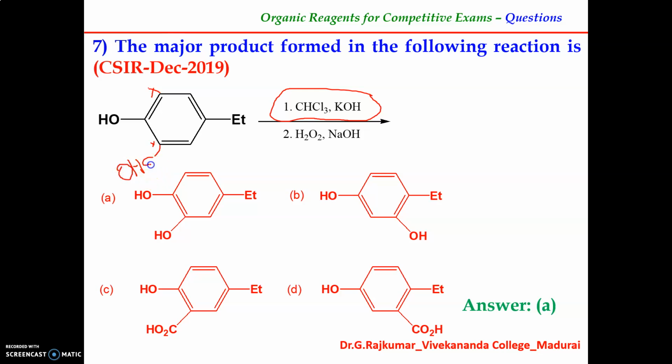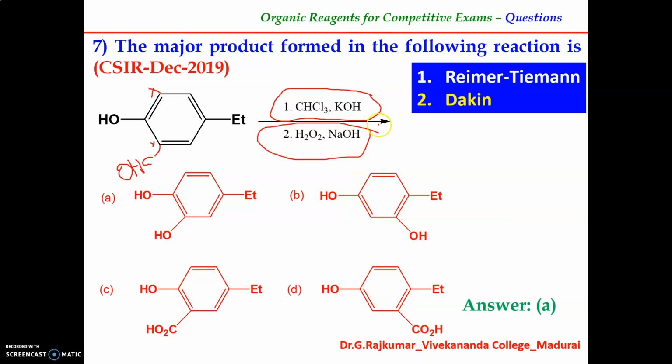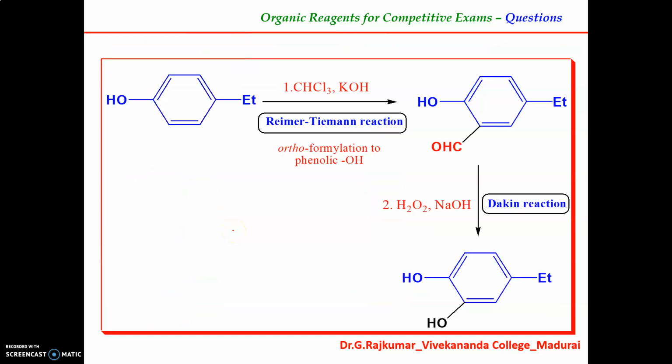Formylation takes place, and in the second step, hydrogen peroxide in sodium hydroxide. The first step is Reimer-Tiemann, the second is the Dakin reaction. We have seen this in the discussion part. This CHO group is transformed into a hydroxy group in the Dakin reaction.